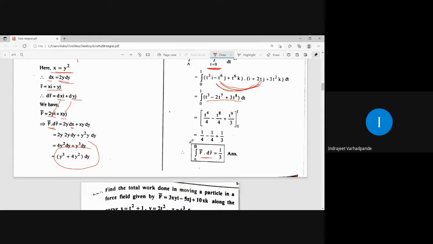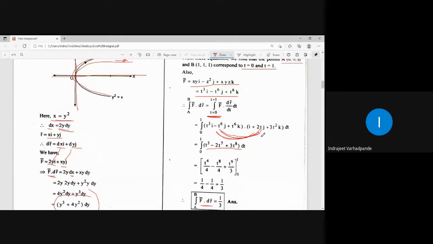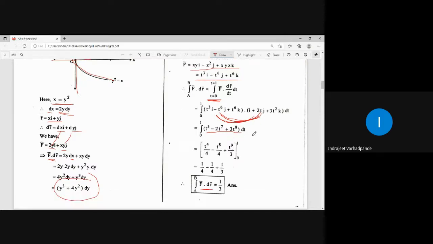So integration is to be done with respect to t, as the position vector was expressed in the parameter or scalar quantity t. So this is another way of calculating the work done for the given vector point function along the points A (0, 0, 0) to B (1, 1, 1).